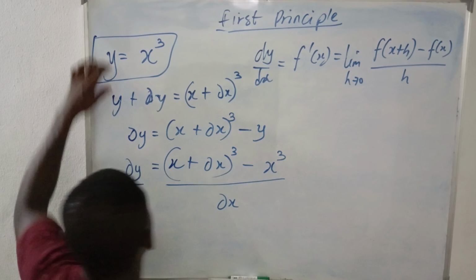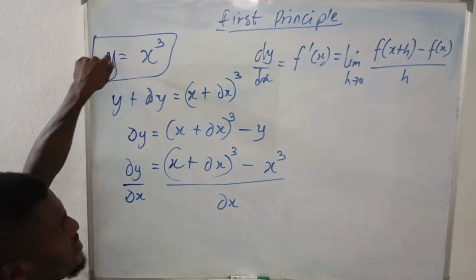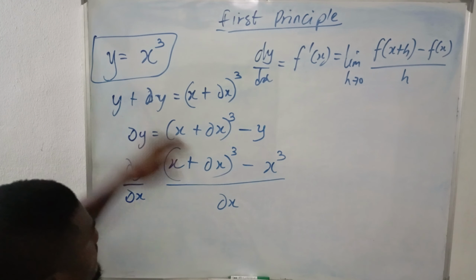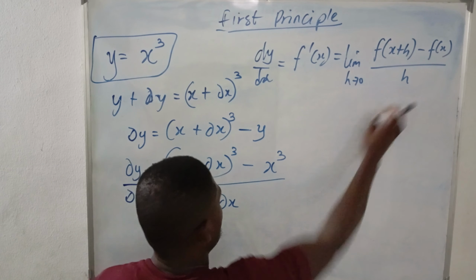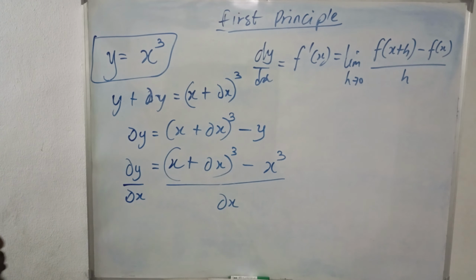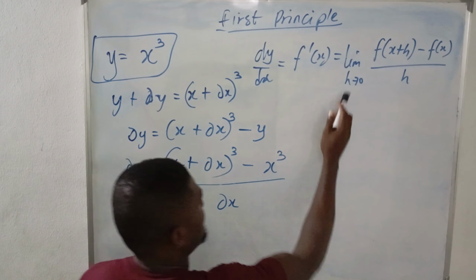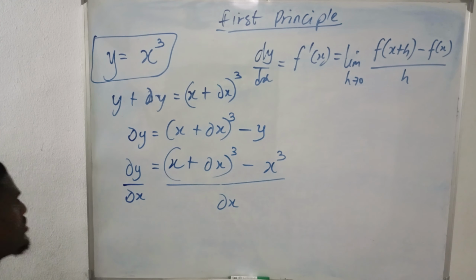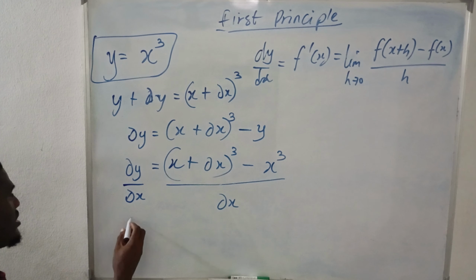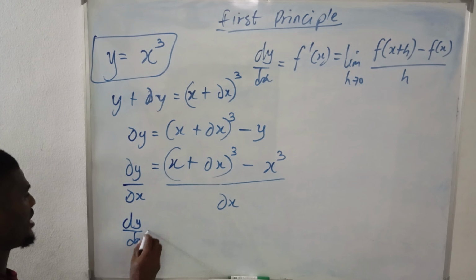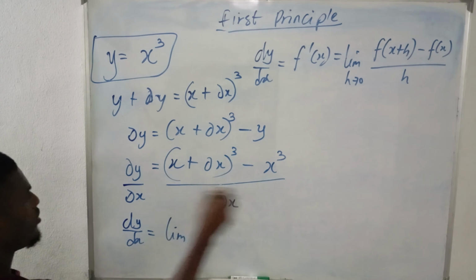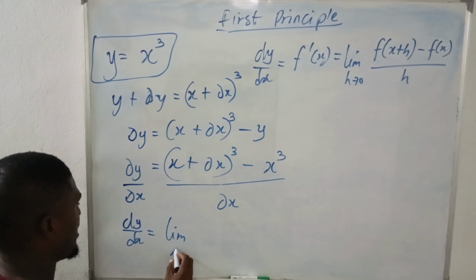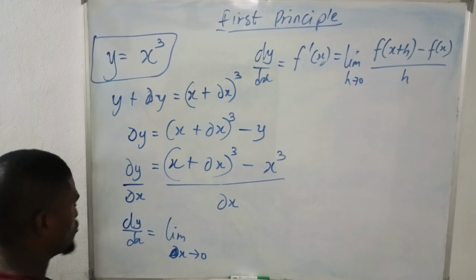Your f of x is what you started with; y here represents f of x. And then divided by h. Your h is your dx here. So you will have to take the limit as dx tends to 0 in this particular case. So you now have dy/dx to be the limit of this equation as dx goes towards 0.